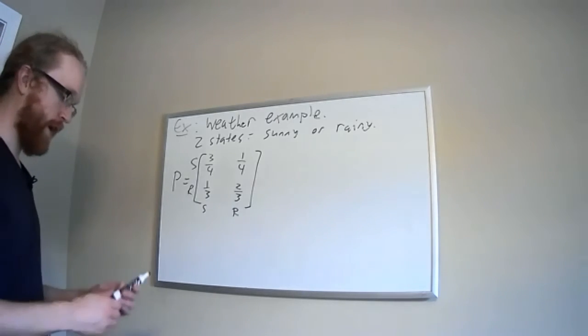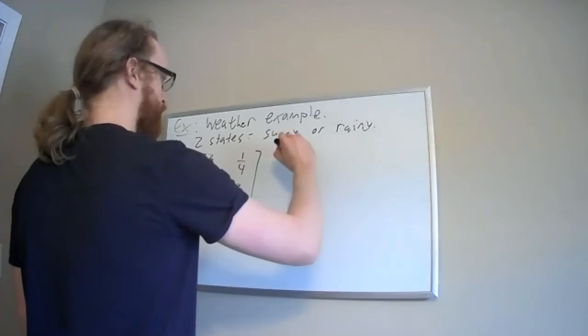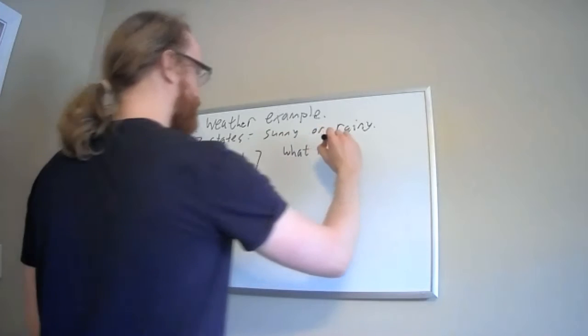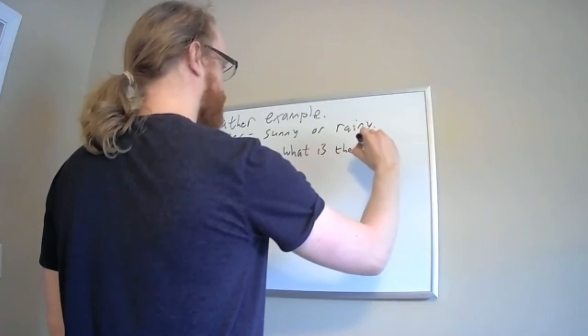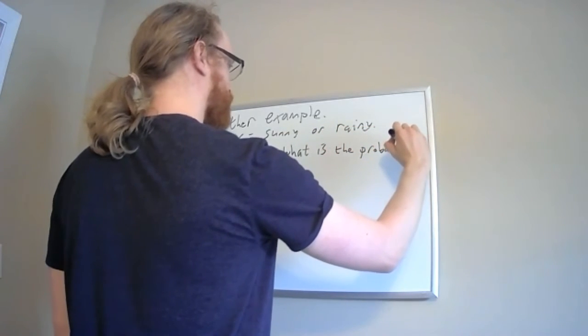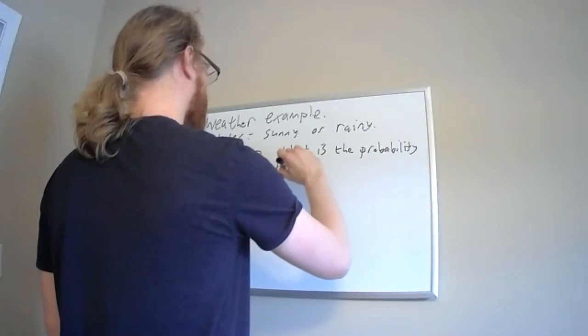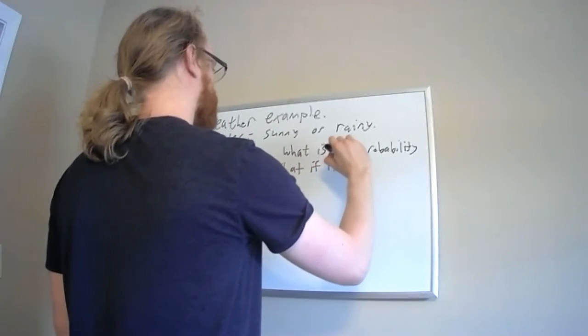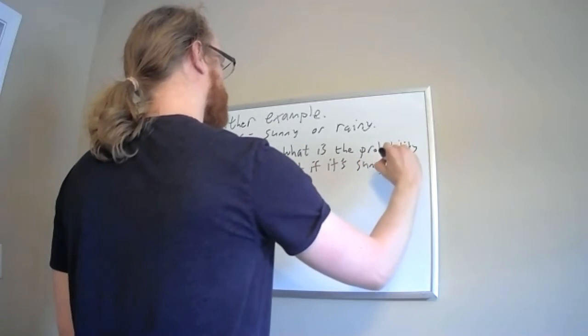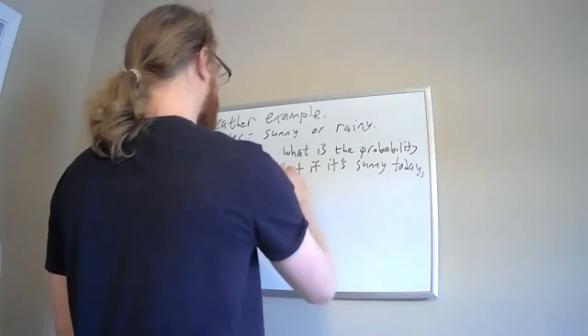Okay, so this is my transition matrix. And I had answered the question before, what is the probability that if it's sunny today, it's rainy 2 days from now?